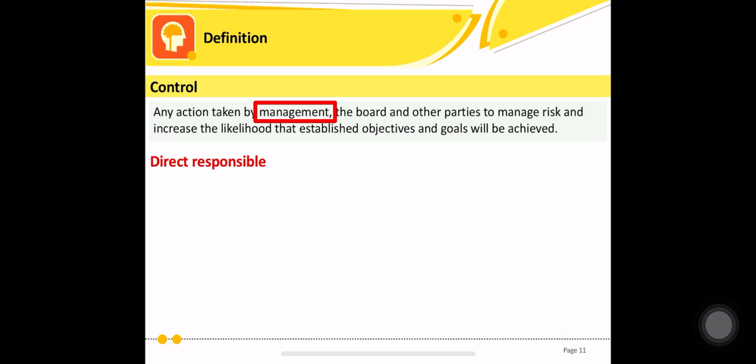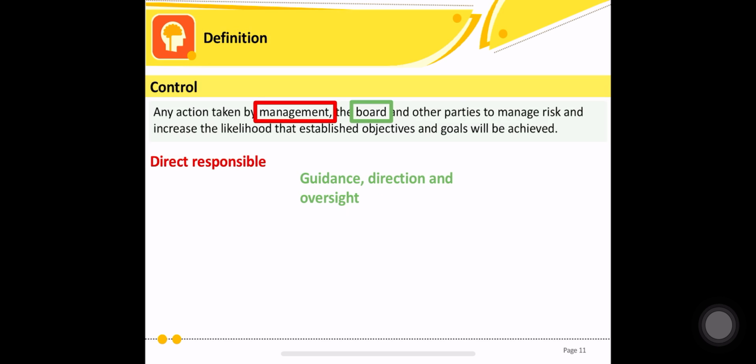So given that, we are studying control for us to fully understand how does the management implement, how does the management plan, and hanggang dulo, hanggang how do they monitor controls, and everything goes there.